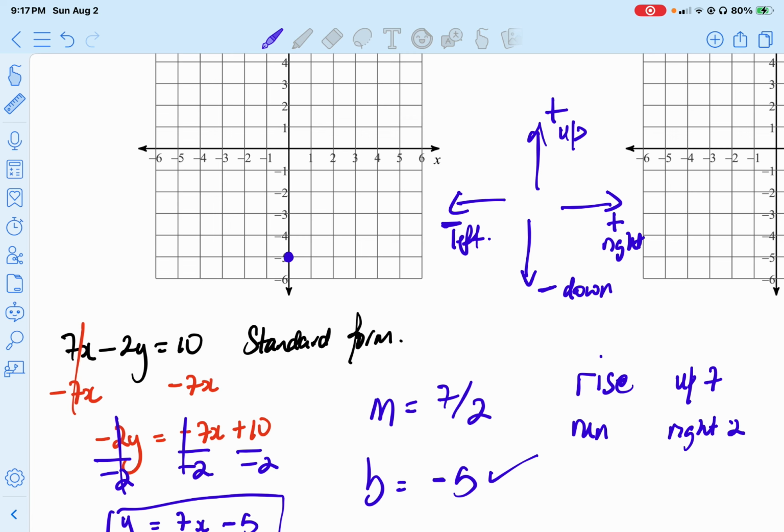So let's count 7. 1, 2, 3, 4, 5, 6, 7. Right 2, 1, 2. And then we draw a line through both. And that continues, and that's how we do that. Okay. Now I'm hoping that we can follow this.